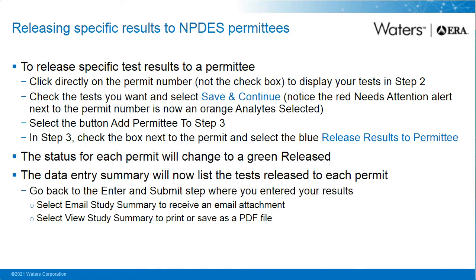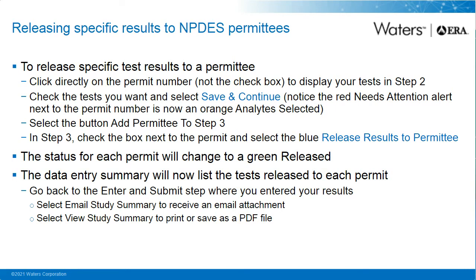You will notice the red Needs Attention alert next to the permit number under Step 1 will have changed to an orange Analytes Selected. Now, select the button Add Permittee to Step 3, and the permit will now be listed over on the right under Step 3.